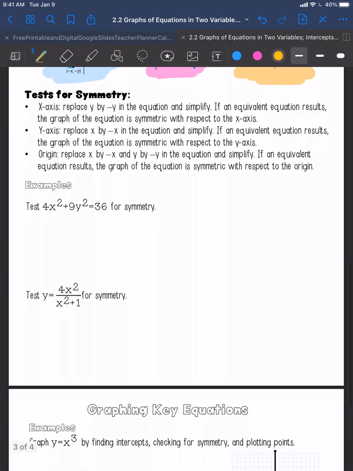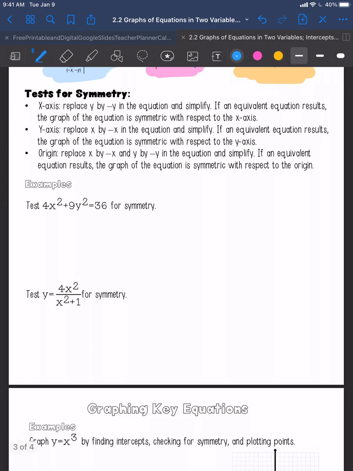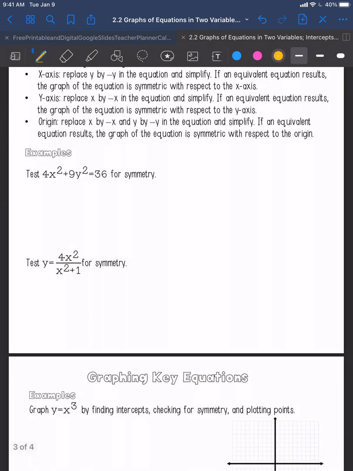And if it's equivalent to the original equation, then it is symmetric with respect to the origin. So let's take a look here. With respect to the x-axis, we plug in the opposite of y and simplify. So 4x squared plus 9 times negative y squared equals 36.